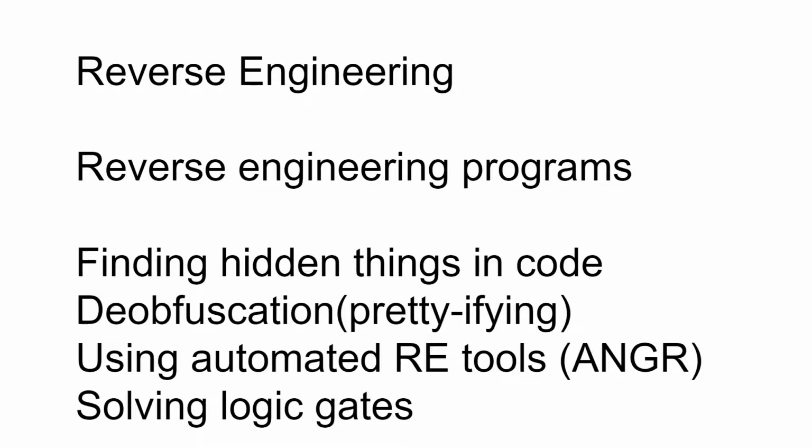And then using automated reverse engineering tools like angr. This is a Python library, essentially an auto-solving thing at its very basic sense. It's very complicated, but you take a binary, and it will actually run through and attempt to solve whatever kind of operation it is presenting to you.